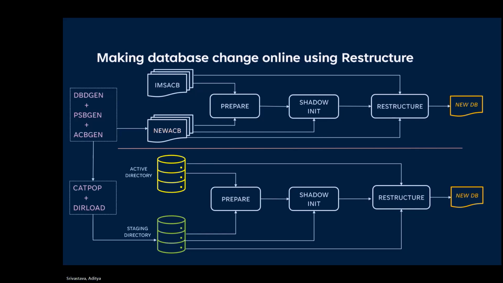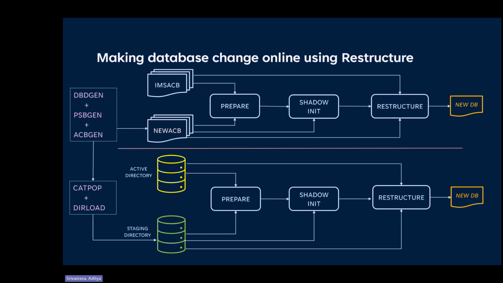So I think that was most of what I wanted to cover as part of our utilities. As a quick summary, I'll run through it once again because I've covered a lot of things in one session. When we talk about managed ACBs and utilities, fast path utilities can run online or offline.